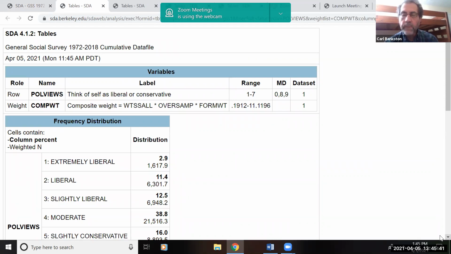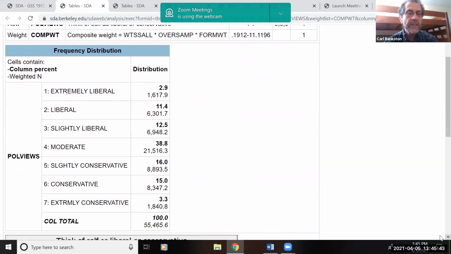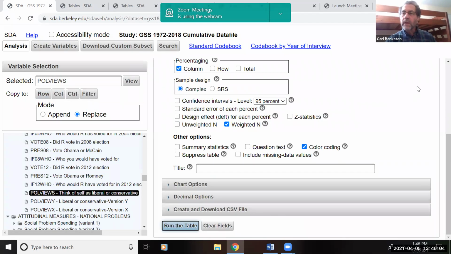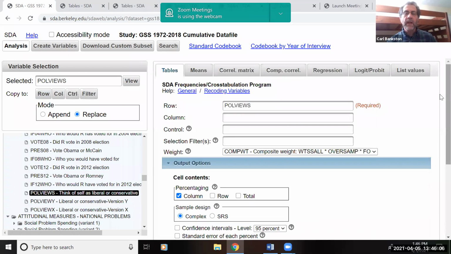And including all years from 1972 to 2018, a little under 3% of Americans considered themselves extremely liberal, and about 3% of Americans considered themselves extremely conservative. Now, one of the questions we might want to ask is, did that change over time?